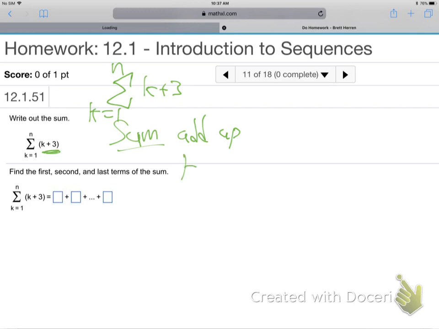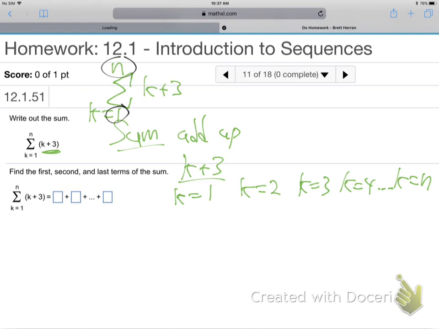In other words, take the formula k plus 3 and plug in k equals 1, then k equals 2, then k equals 3, then k equals 4, dot, dot, dot, all the way, and the last one will be k equals n. So start at 1, go to n, plug into that formula, and sum them up.